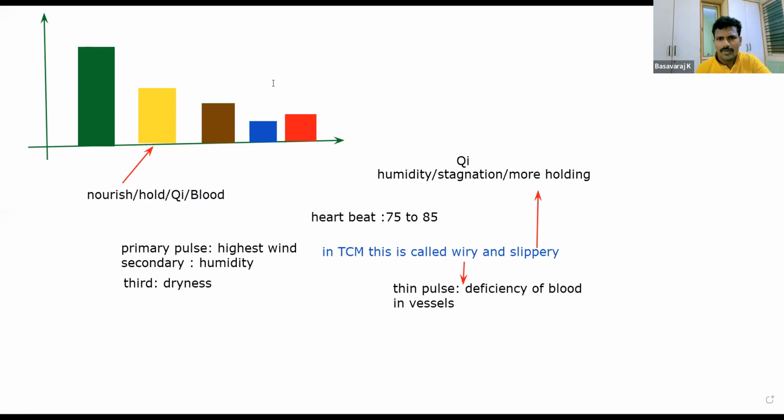This is the role of humidity in the body. This is the humidity or earth element. The green one is your wind. The brown one, in the report it's shown as metal or gray color, which is dryness, and cold and heat.